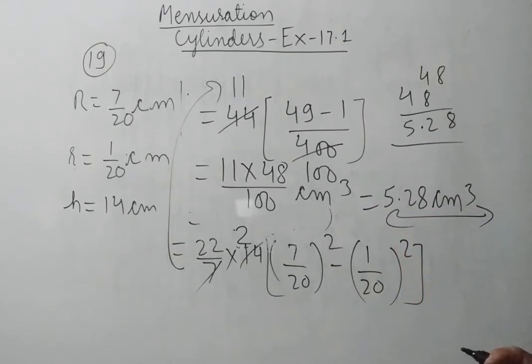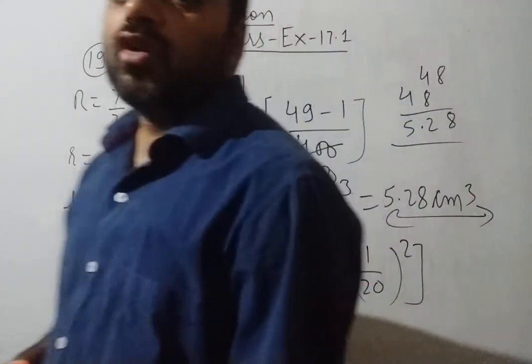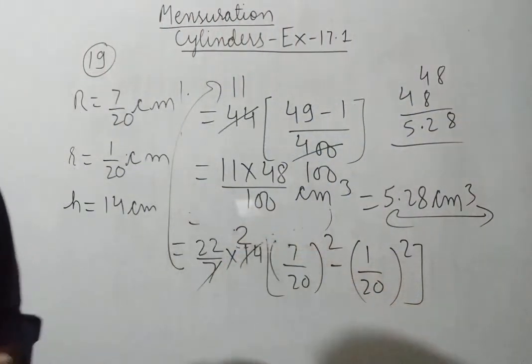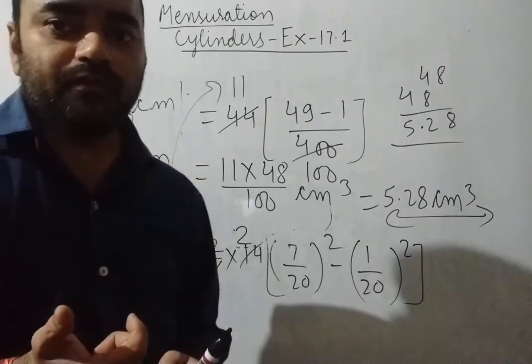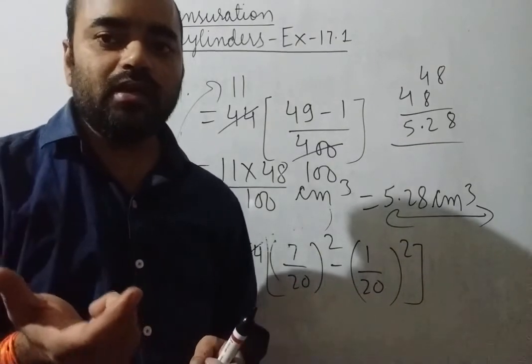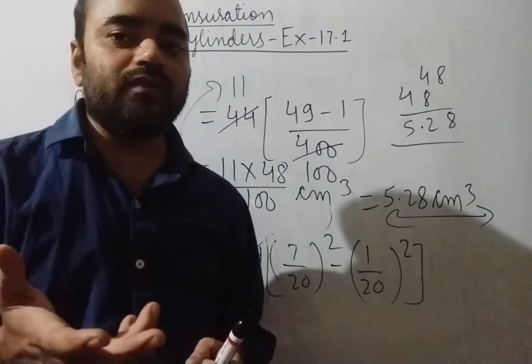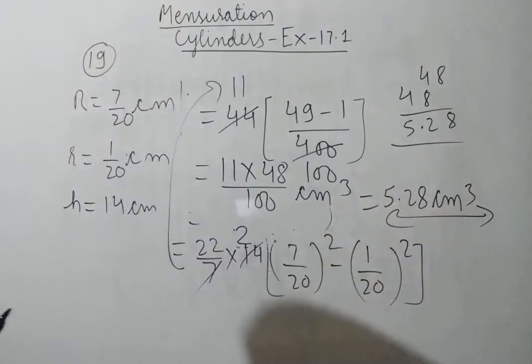Next part, we have to calculate the volume of the graphite used. Volume of the graphite used means we will calculate the volume of the internal cylinder. That will give the volume of the graphite used. Clear?